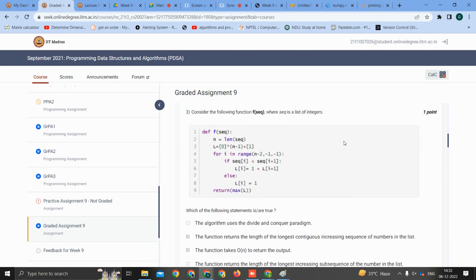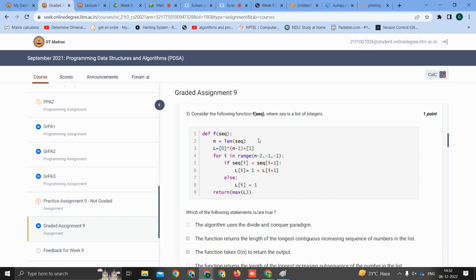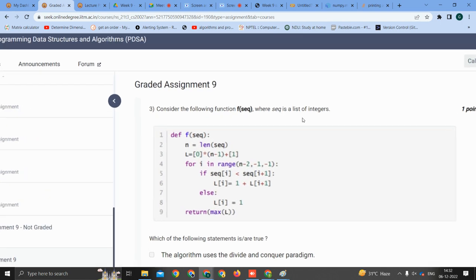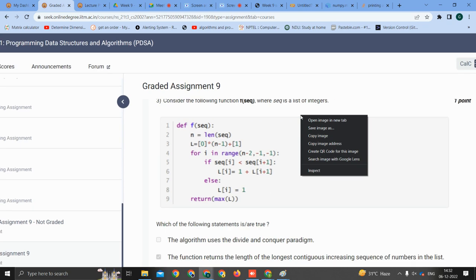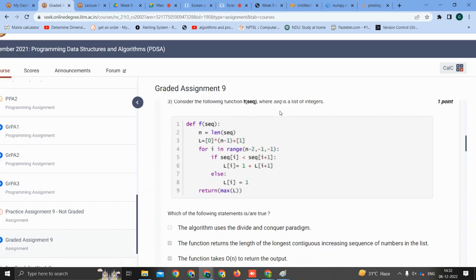Fine. So which of the following statements is true for this? Consider the following sequence. A sequence is a list of integers. The first option says the algorithm uses the divide and conquer paradigm. Is it so? No. When can you tell that it is using a divide and conquer paradigm?